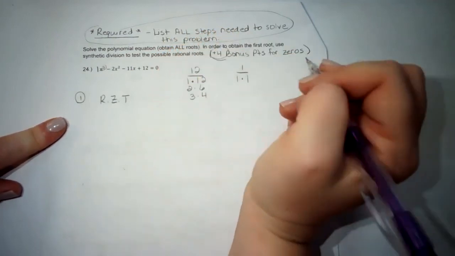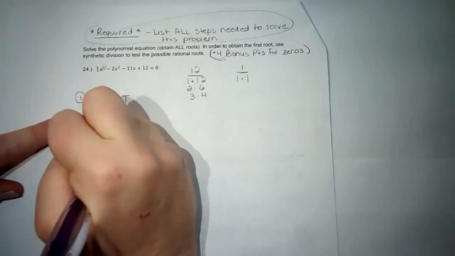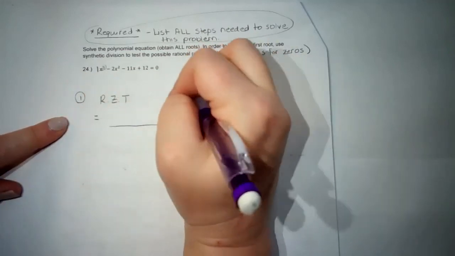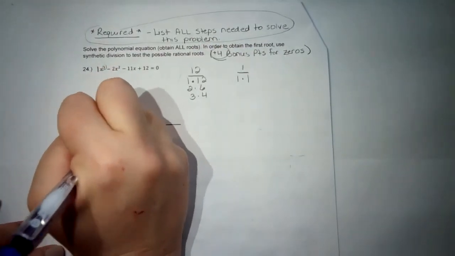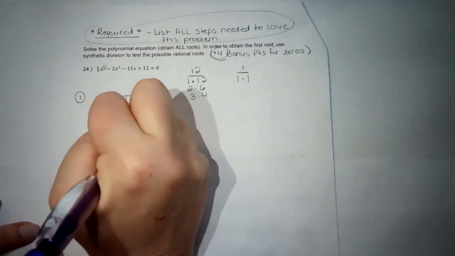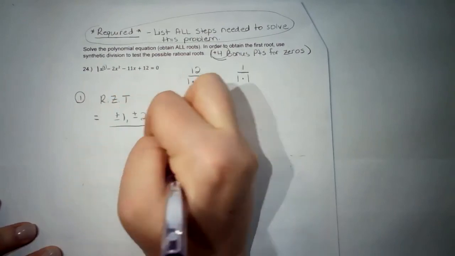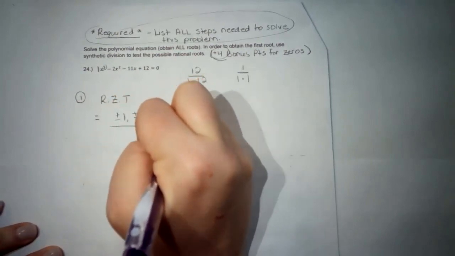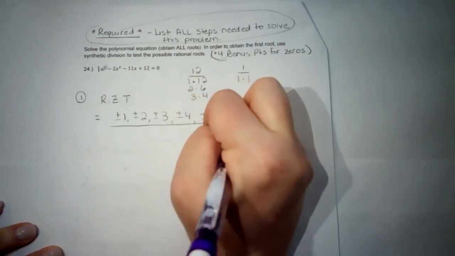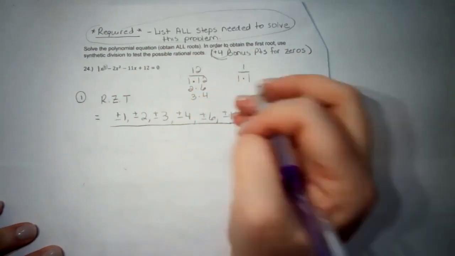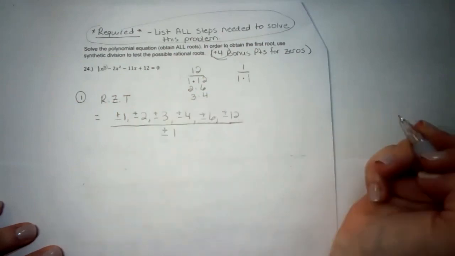Factors of the constant go in the top. So we're going to do plus or minus 1, plus or minus 2, plus or minus 3, plus or minus 4, plus or minus 6, plus or minus 12. And in the bottom, luckily, we only have plus or minus 1.